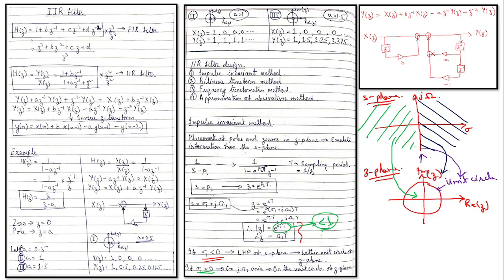In the left hand side of the S plane we can only place the poles. So if the analog filter has all the poles on the left hand side, then those poles will be mapped within the unit circle.